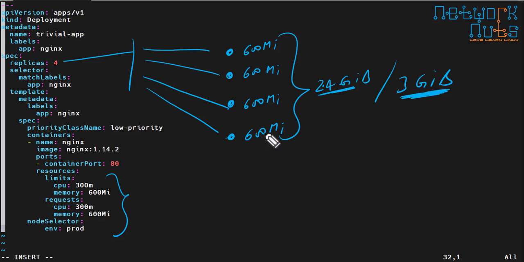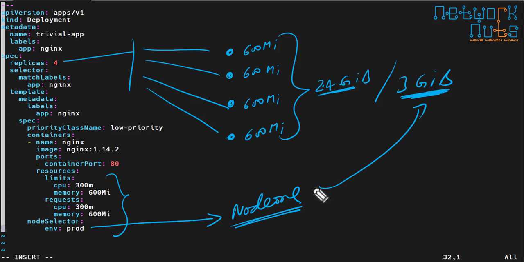Or I can make it 5 also. Let me make it 5. Okay, but fine. I don't have any compute left to run any more pods. And this I am forcing to run on node A. This is going to run on node 1 in my case, and node 1 has got 3 GB RAM maximum.